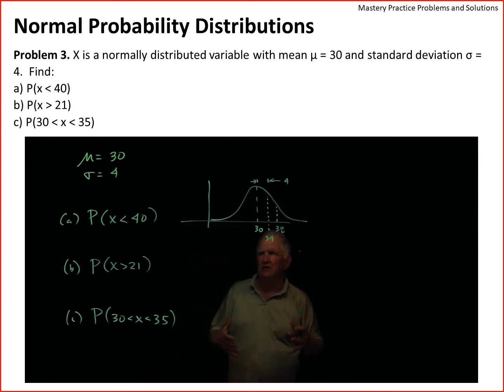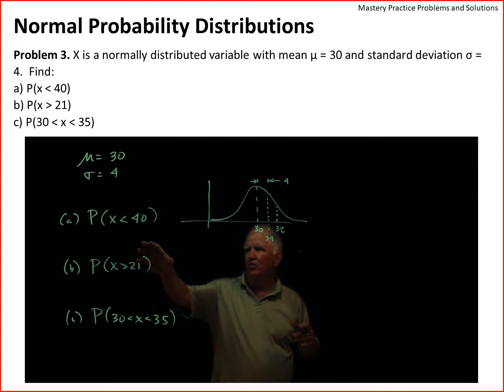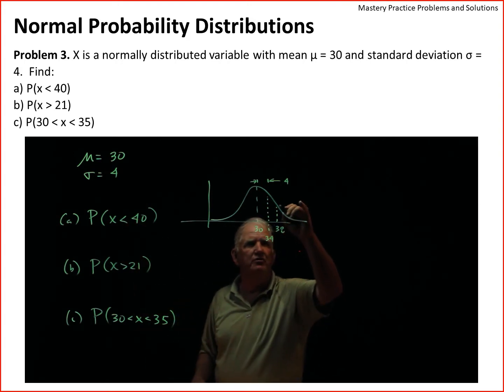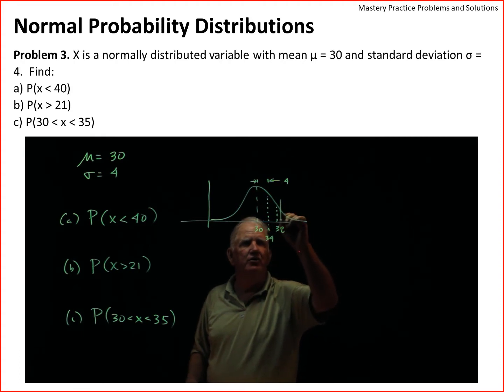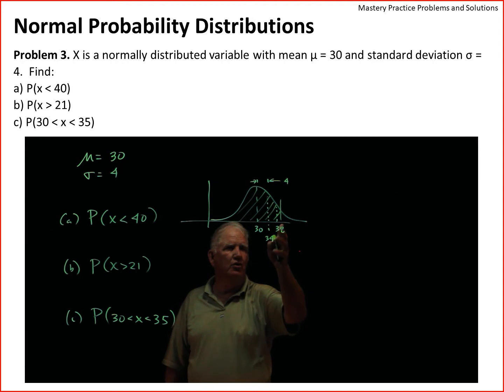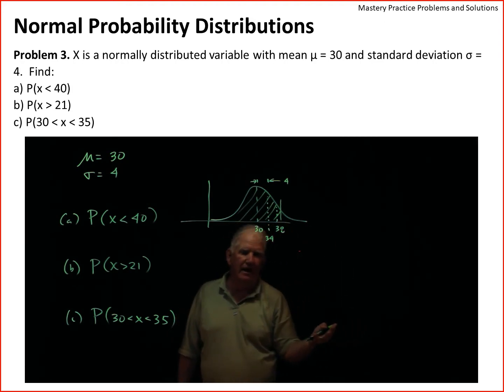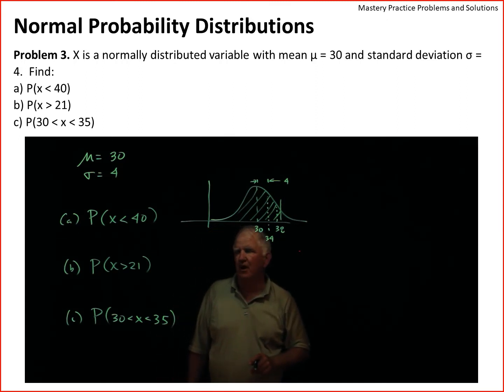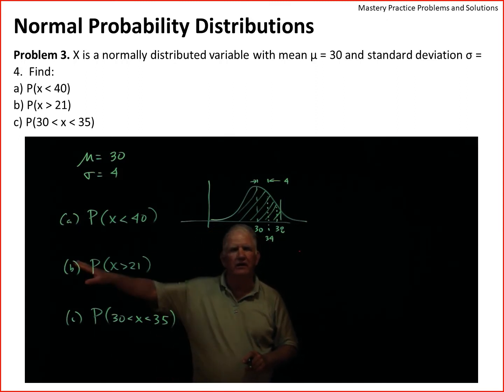The reason I'm doing this is because you should grasp what you're being asked for. You're being asked to find the area underneath the curve at a point that's a little bit past 2 standard deviations away from the mean, all the way back to negative infinity.